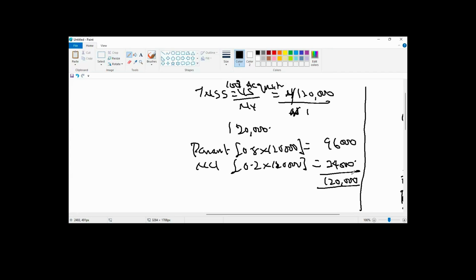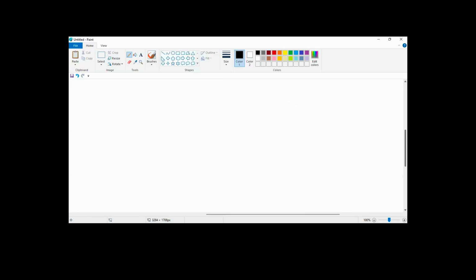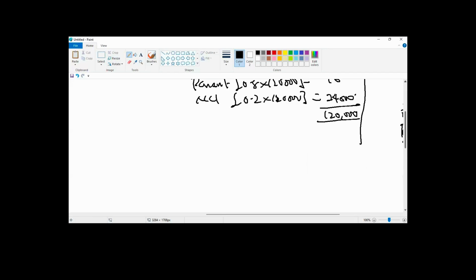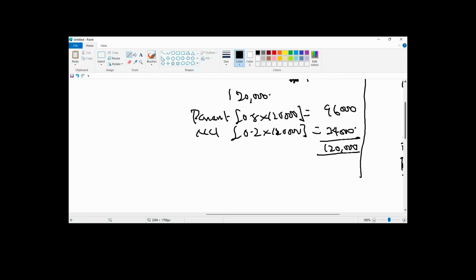So now look at it. NCI is at fair value, market price. So through that, I can get the market price because NCI is at fair value. What is the fair value of NCI? It is 76,800. So 24,000 units of shares equals 76,800.